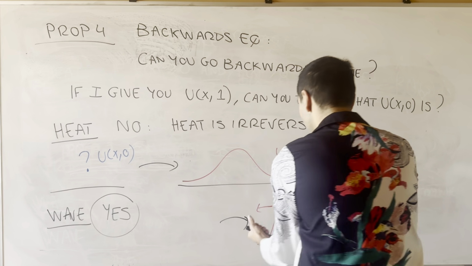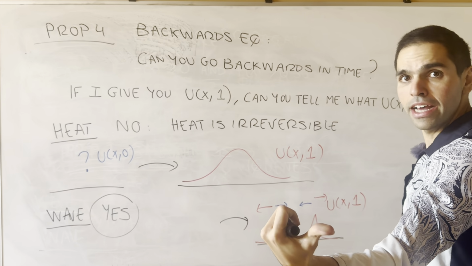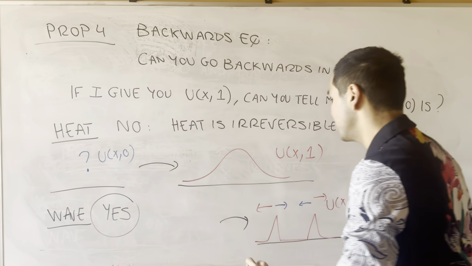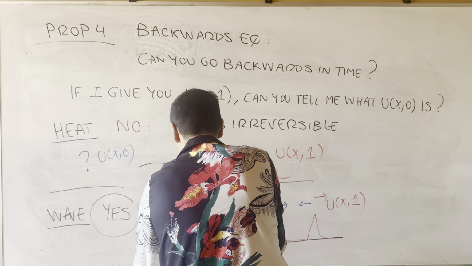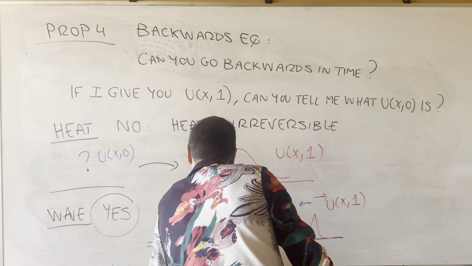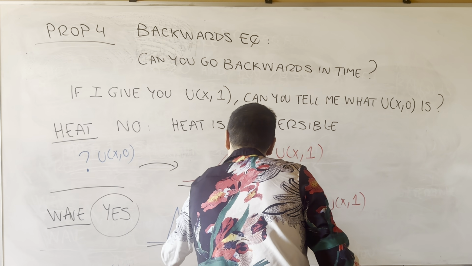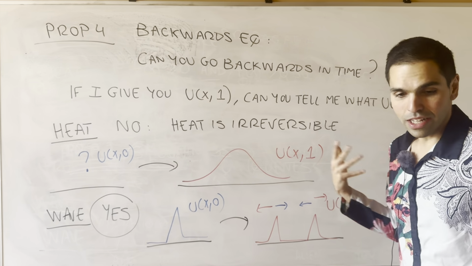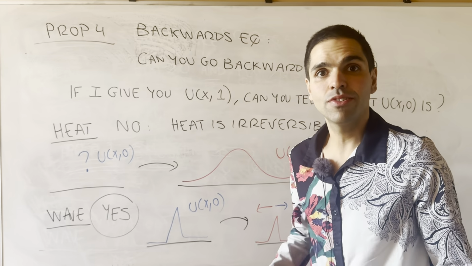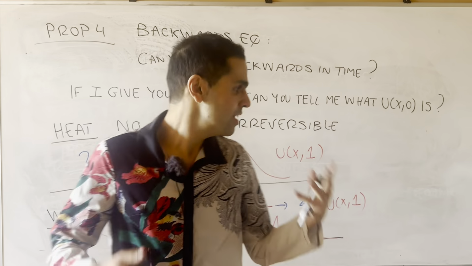So if those triangles are going to the right, to find the initial condition, move those triangles to the left, and you can figure out u of x,0. So that's also a main difference between the heat and the wave equation.